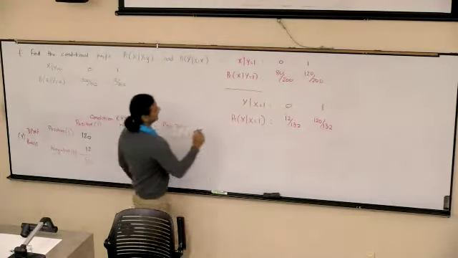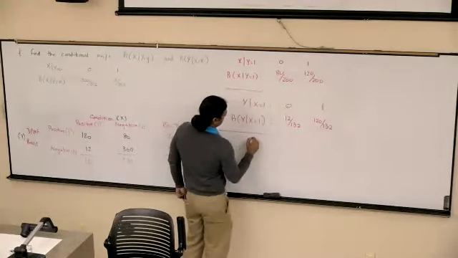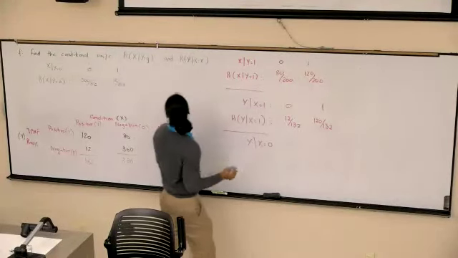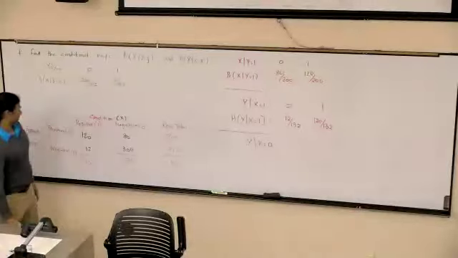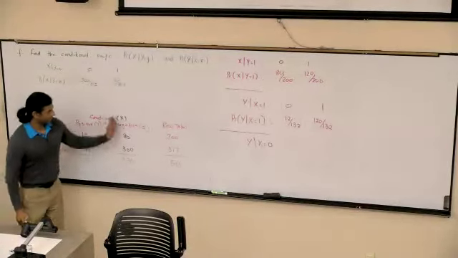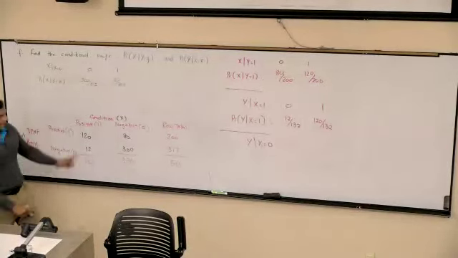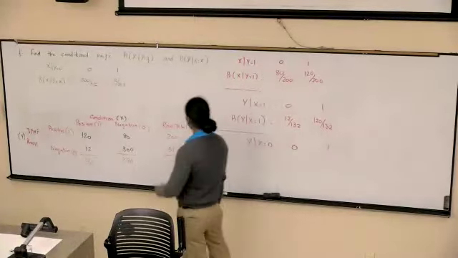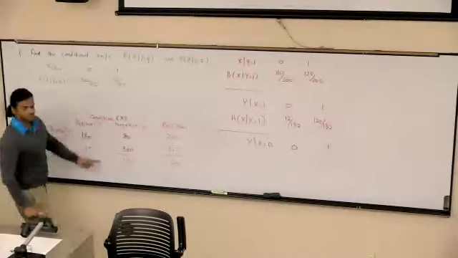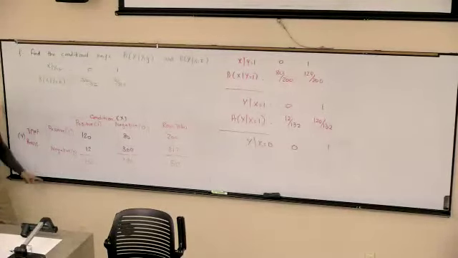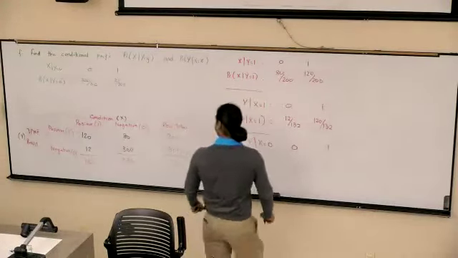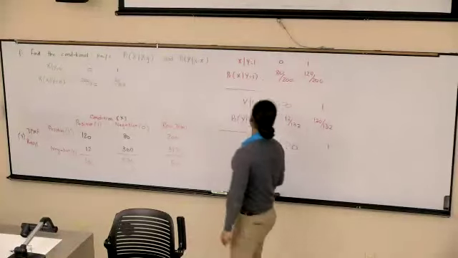The next case, y given x is equal to 0. X is 0. I have two possibilities for y, 0 and 1. Conditioned on x is equal to 0, the probability that y would be 0 is 300 over 380.